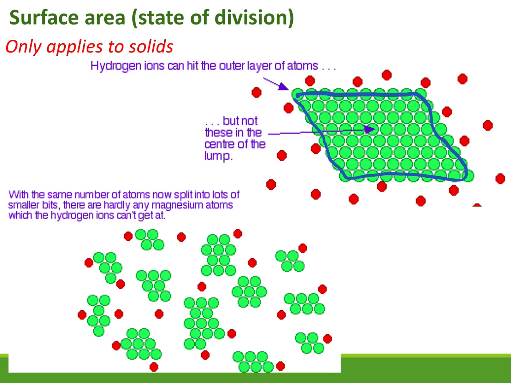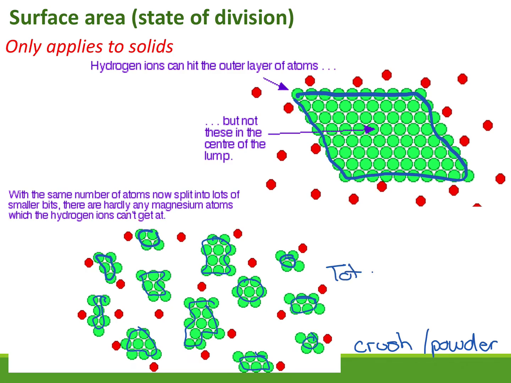When we break it up, so we go from big chunks, so here we crush it, we make it into a powder, we make it into smaller pieces, but now if I had to calculate the total surface area of all these pieces together, the total surface area has increased.